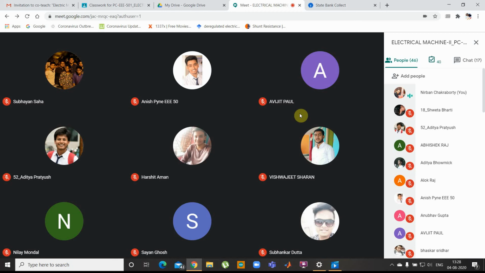They are 120 degrees apart, because each slot has 20 degrees: 360 divided by 18 is 20. So 6 slots have 120 degrees. One phase starts from slot 1 and one from slot 7, so they are separated by 120 degrees. This is how the three phases have been created. Clear, Abhijit?